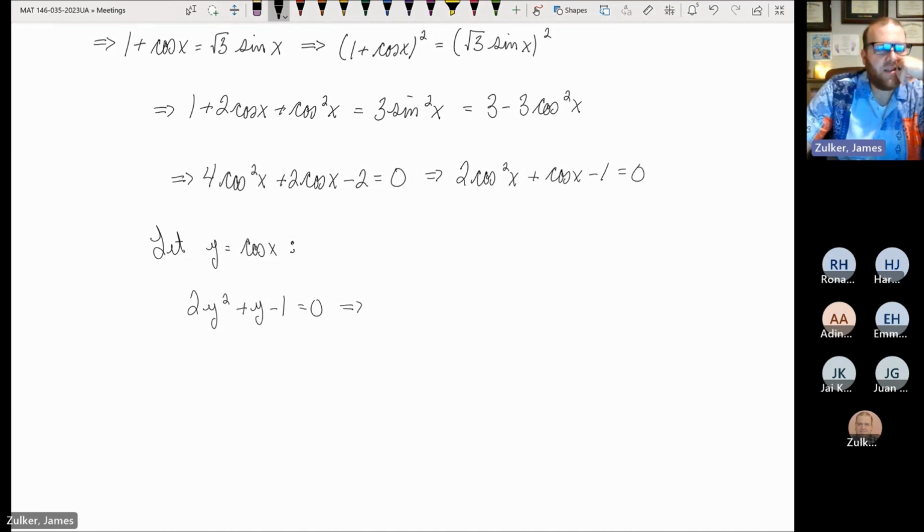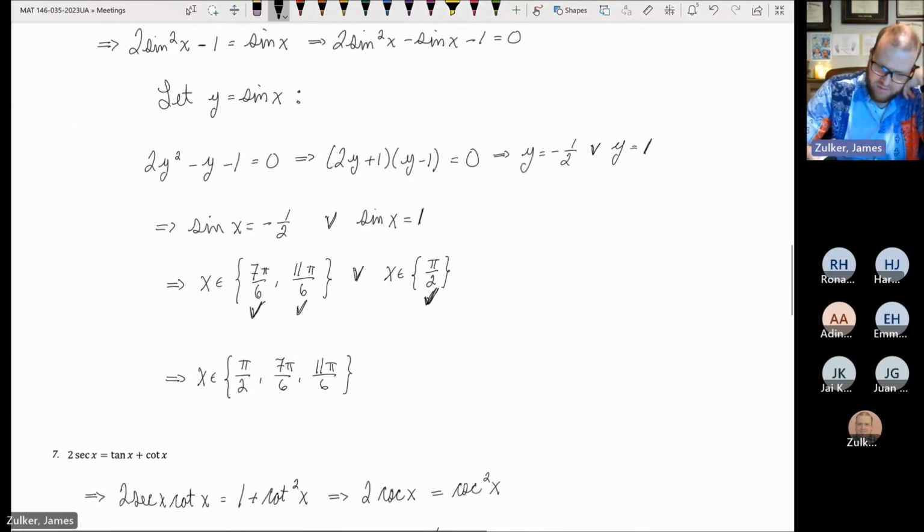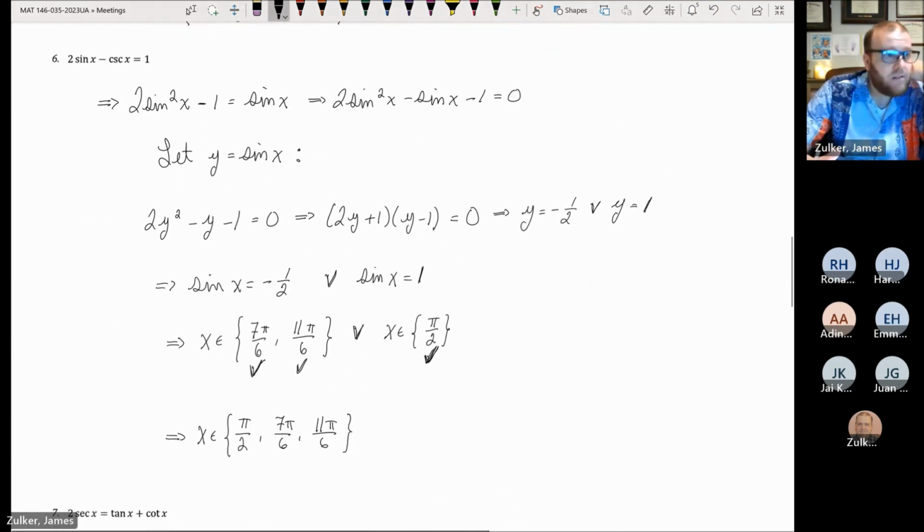And we solved this quadratic already. Did we? No, we didn't. We were very close, though.